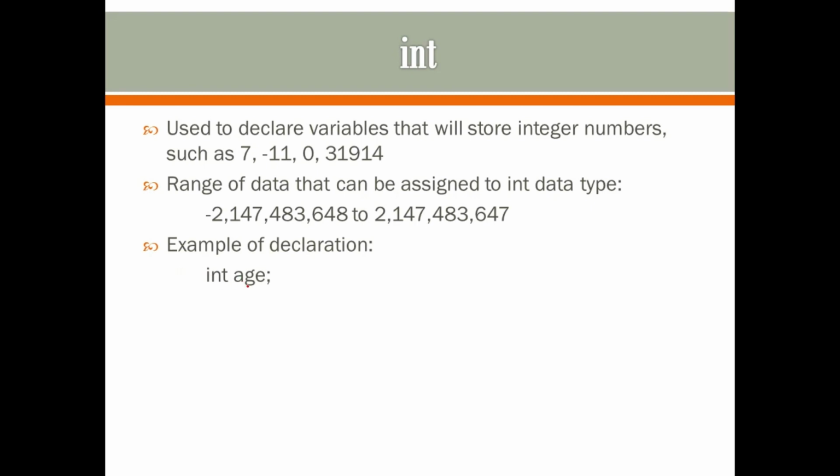So, int age; is a variable declaration. Why do we choose int for age? Because age is the most suitable as an integer. We cannot say my age is 24.5. It must store an integer number like 24.